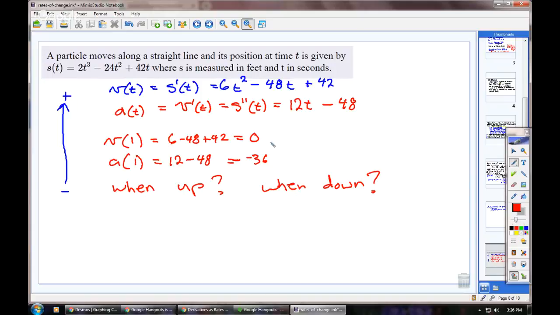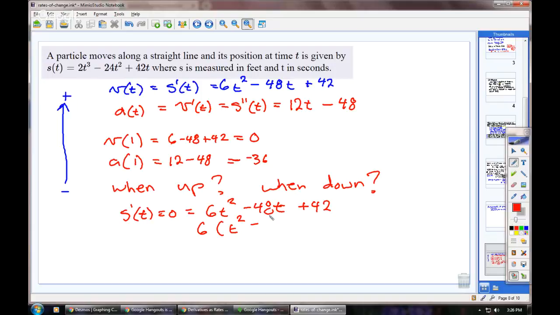It has a 0. If I want to find other zeros of this, that's going to separate when it's going up from when it's going down. I should solve the equation s prime of t equals 0. So that's going to give me 6t squared minus 48t plus 42. And looks like 6 goes into all of those.